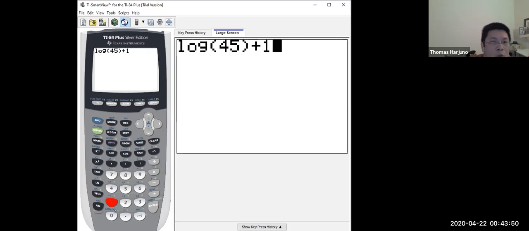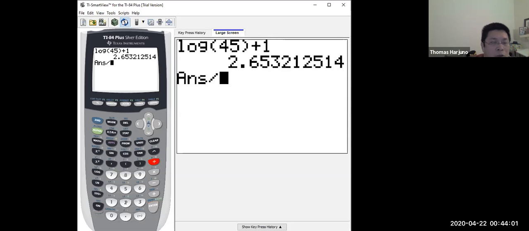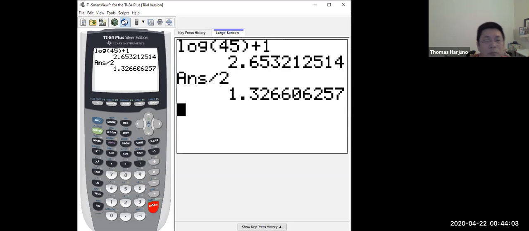But by writing it this way, log parenthesis 45, close parenthesis, plus 1 will give you the numerator, and then from there I divide by 2. So I get 1.32661.